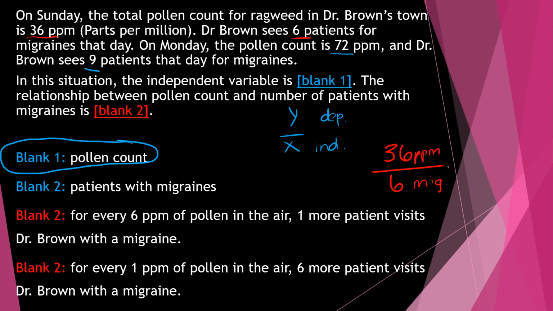If I were to simplify this, I would get 6 over 1. So for every 6 pollen count, he has to see 1 patient with a migraine. So for every 6 ppm of pollen in the air, 1 more patient will visit Dr. Brown with a migraine.